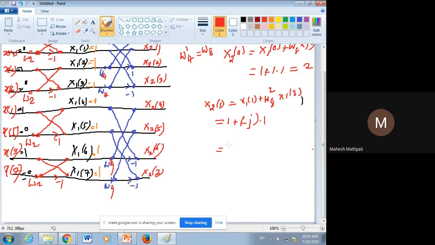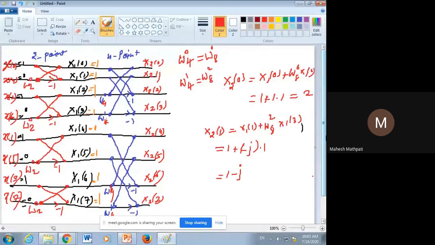So this will be equals to 1 minus j. So this is the value of x2 of 1. Understood? Are you getting this? Yes sir. Okay.